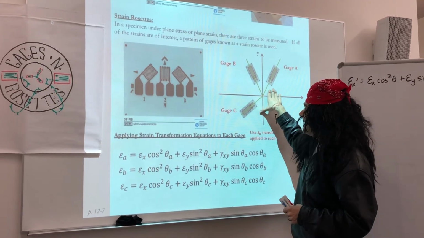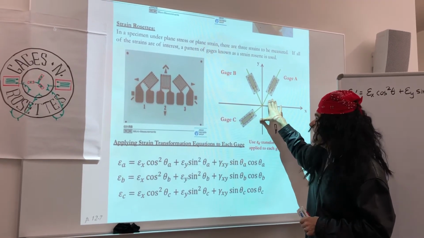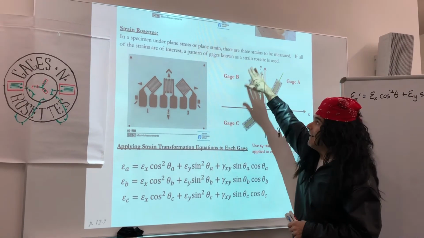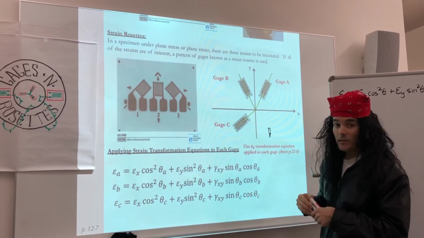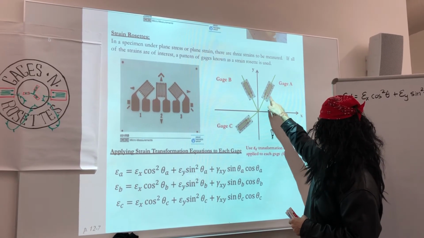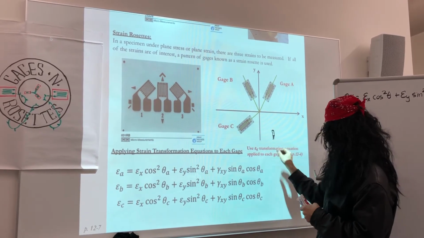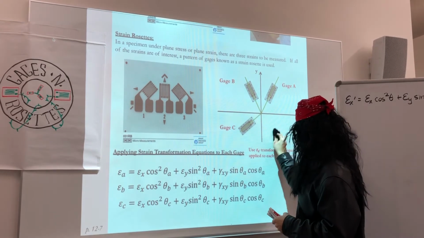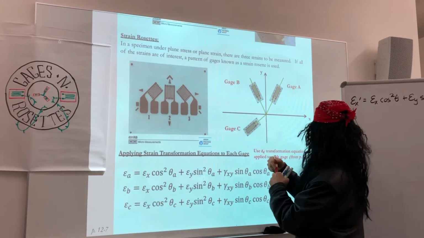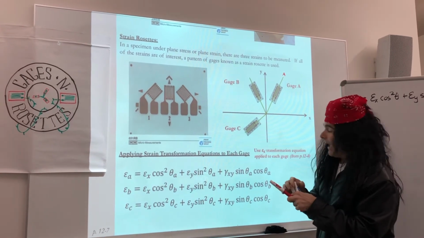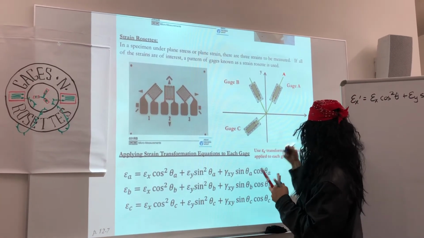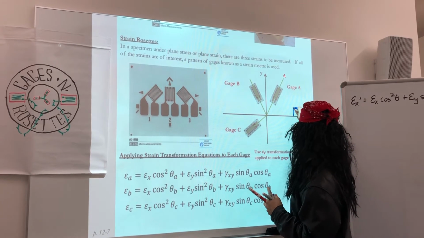The basic idea is a strain rosette consists of 3 different regular strain gauges, basically. And so I can then look at the angle to each of these gauges. So if I consider this as gauge A, and this is my line of action for gauge A, I then have an angle from the x-axis.